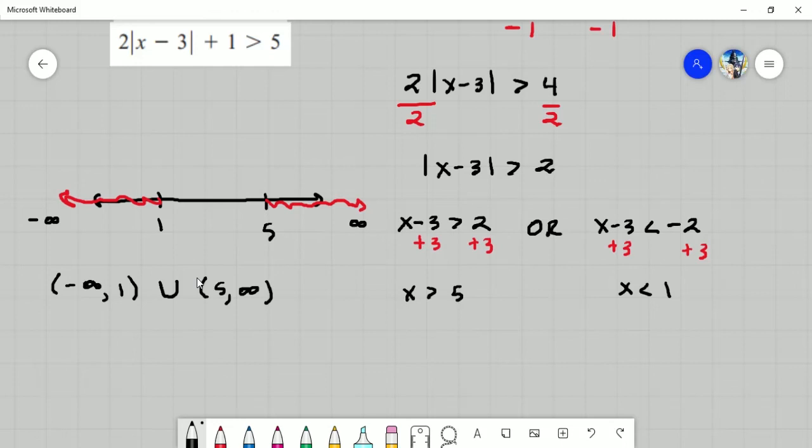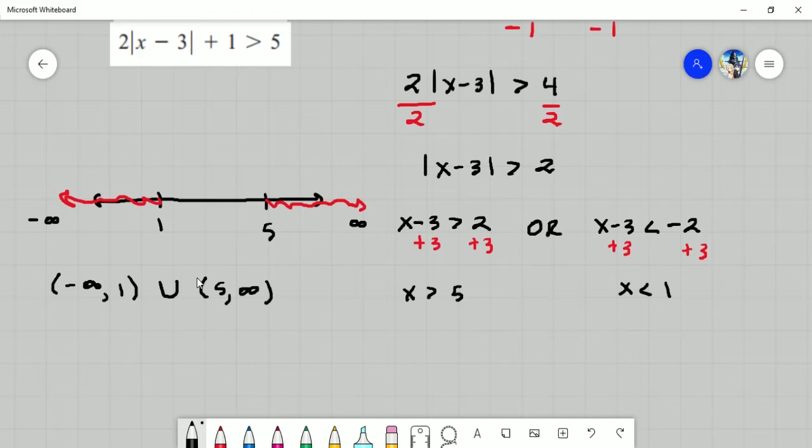Other reason why we have parentheses are around the infinities. You always have parentheses around infinities because we can't reach infinity. If you try to, you'll take a long time, needless to say. But yes, that's why we have parentheses around infinities, because you can never really approach it. So those will always have parentheses around them.